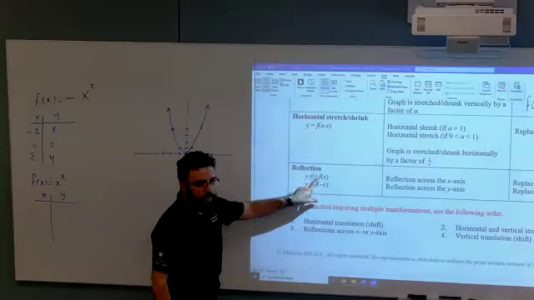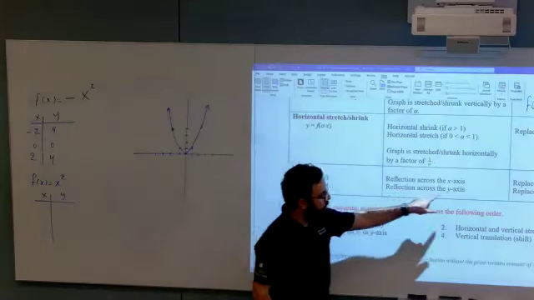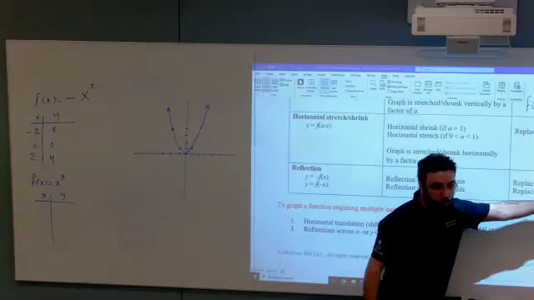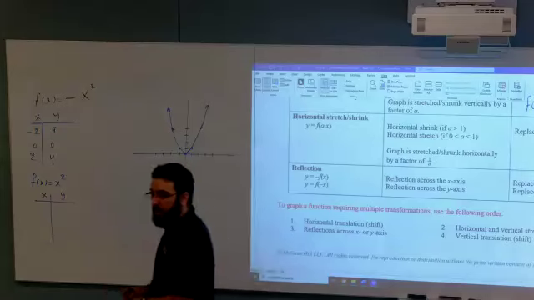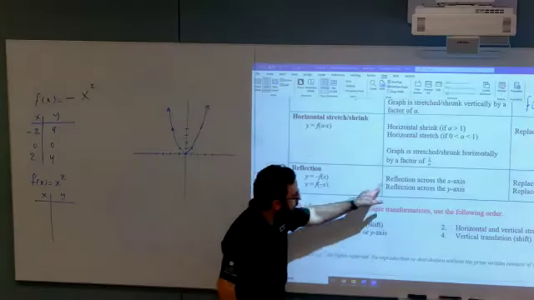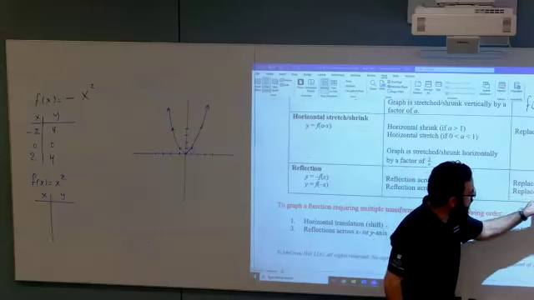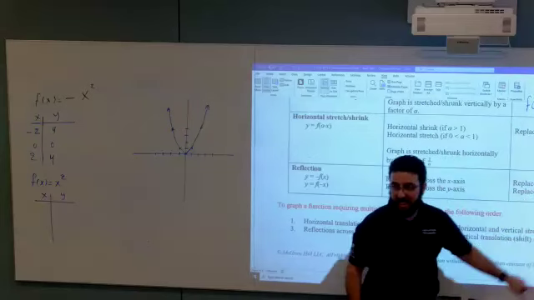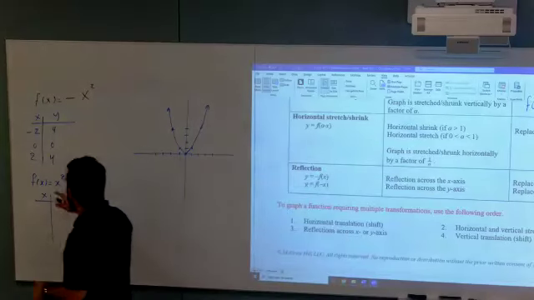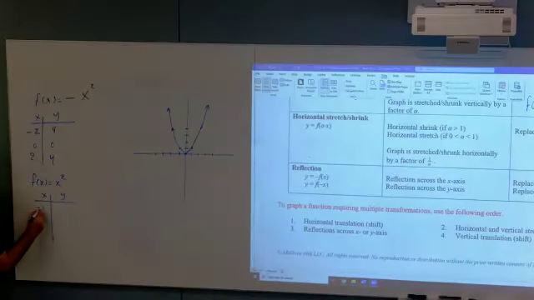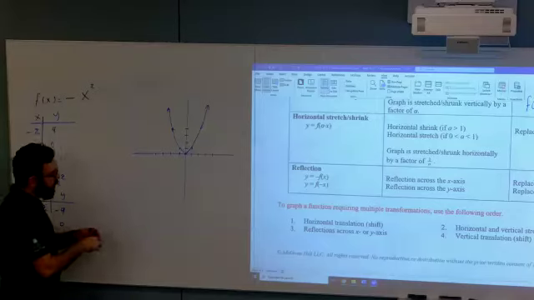Which one is going to change? Negative sign. Which one do we have to change? The y, not the x. I'm looking at the rule. Reflect across what? X-axis. So x is going to still be x. Y is going to be what? Negative y. So check what is going to happen in the new graph.